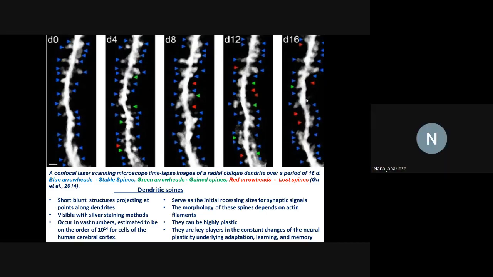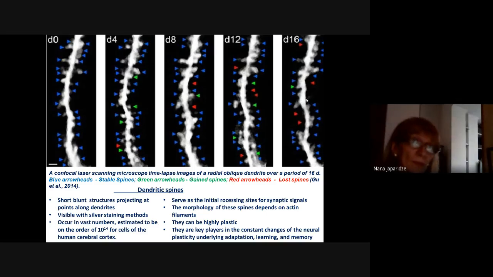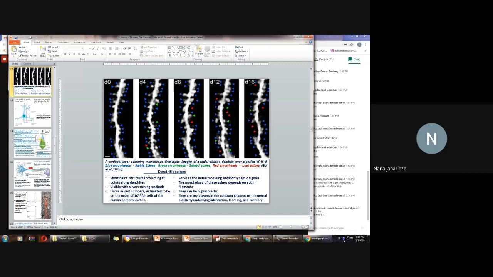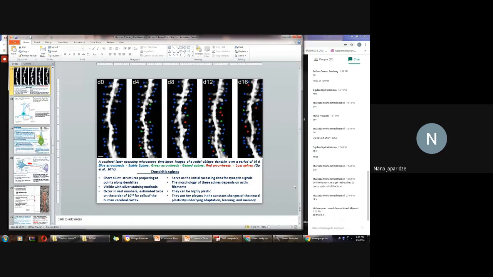They are able to establish new neural circuits, I mean microcircuits or even macro circuits, and they are also able to reorganize these circuits. Is it understandable regarding the spines?